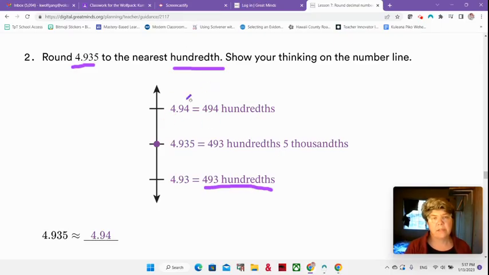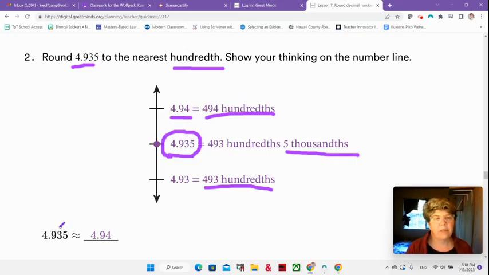So then the next hundredths up would be 4 and 94 hundredths. What's halfway? 4 and 93 hundredths and 5 thousandths. That's halfway in between, right?